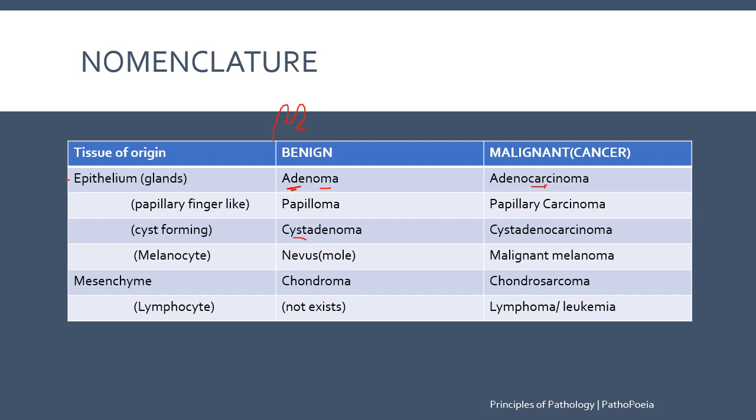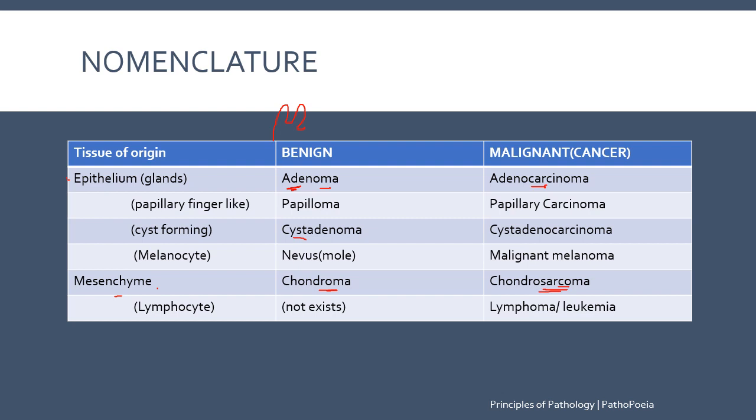In case of the mesenchyme, generally speaking, all the tumors of mesenchyme, if benign, should end with oma, and if malignant, we call it sarcoma. And now you can play the game as fibroma, fibrosarcoma.